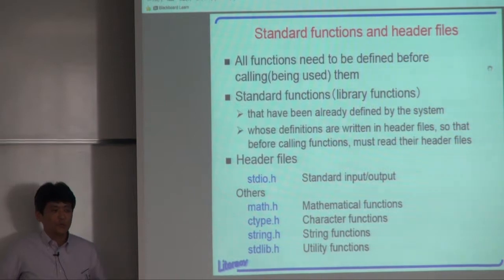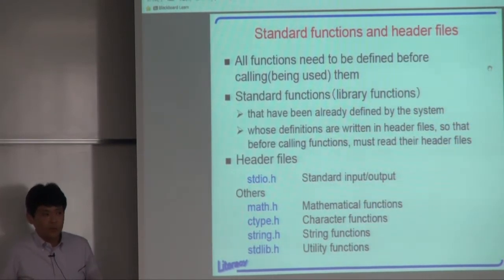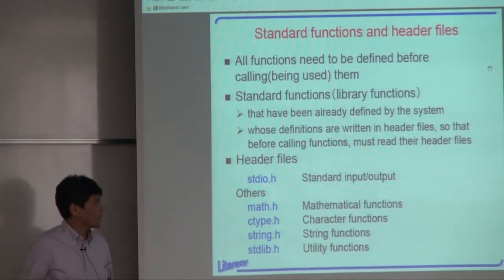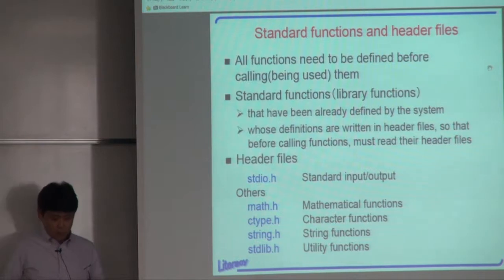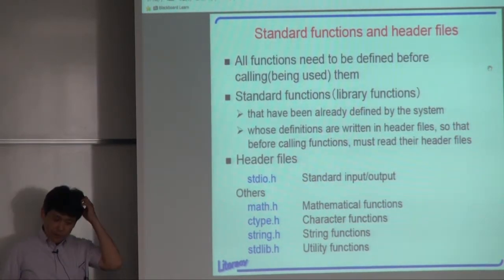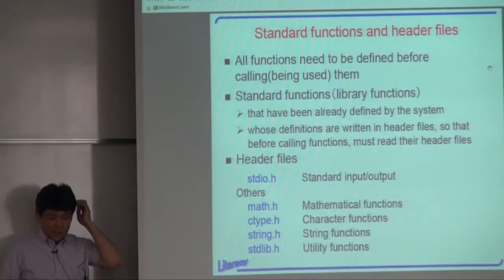So if you use the printf function, the compiler needs to know how many arguments the printf function needs, and what type of value the printf function returns. So if you use standard functions, sometimes called library functions, you have to include the corresponding include file.